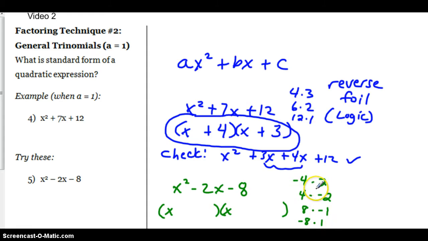When we look at all of these options, the one that would add up to negative 2 is negative 4 and 2. So let's multiply to check: x squared minus 4x plus 2x minus 8. Minus 4x plus 2x is minus 2x, so we completed that one correctly.